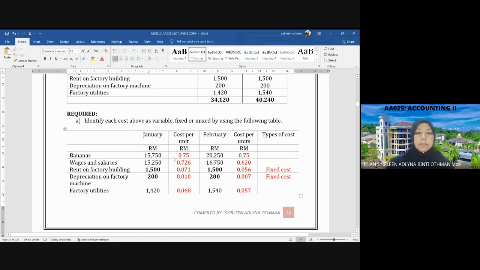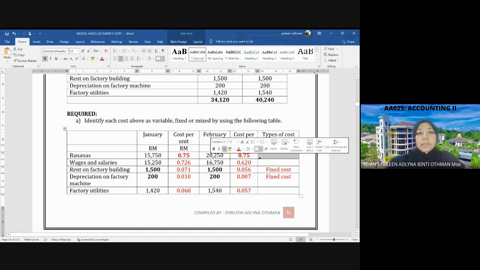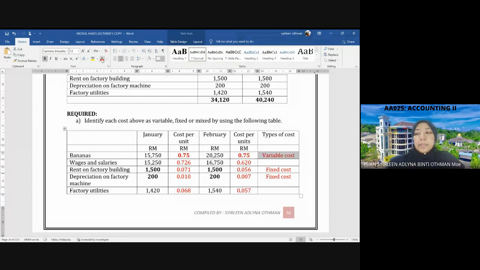Okay? So bananas on January, the cost per unit is 75 cents. February pun cost per unit dia is 75 cents. So maksudnya ini ialah variable cost. Sebab nilai dia per unit is constant.